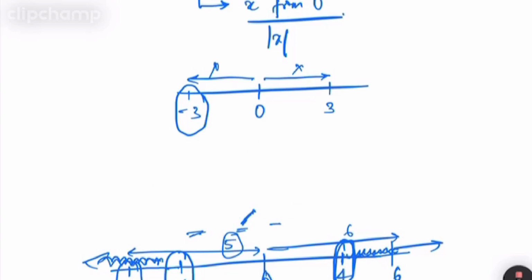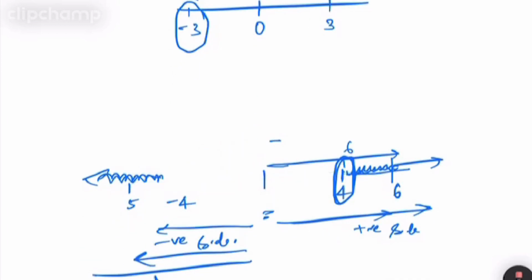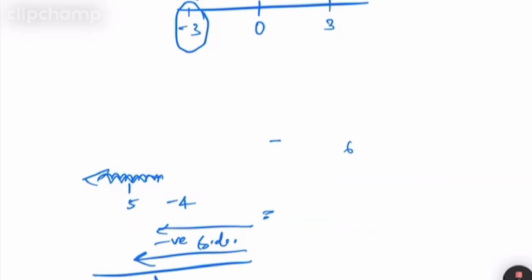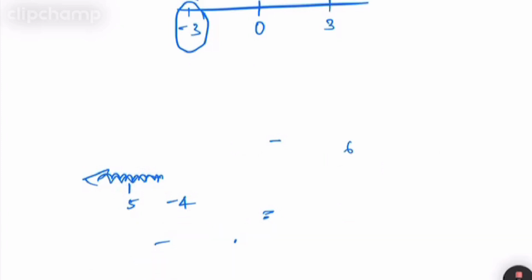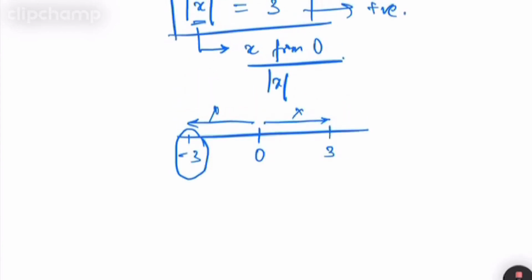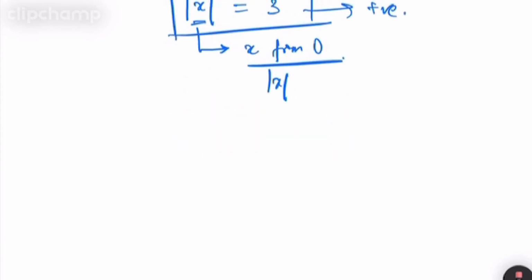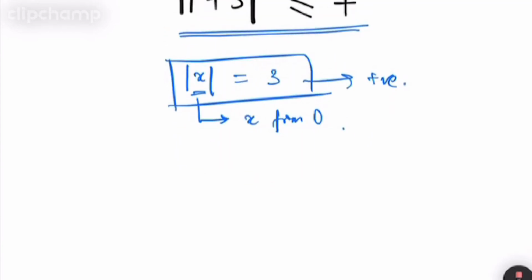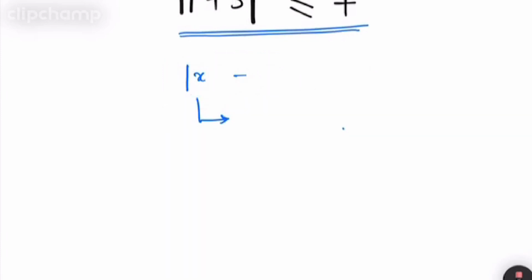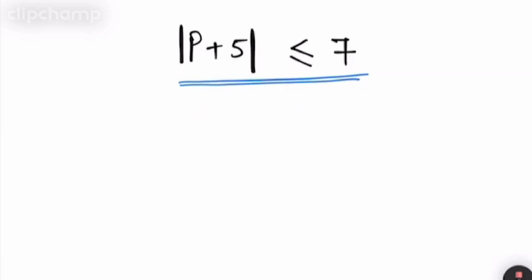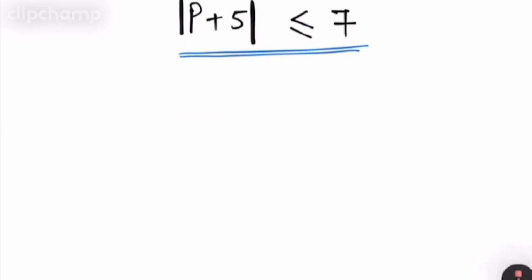And not only that, we will solve using the number line in one step only, and we will find the values of the given variable. And we will also try solving the same problem using the conventional method, where we consider cases separately, that is the case of positive value and the case of negative value.